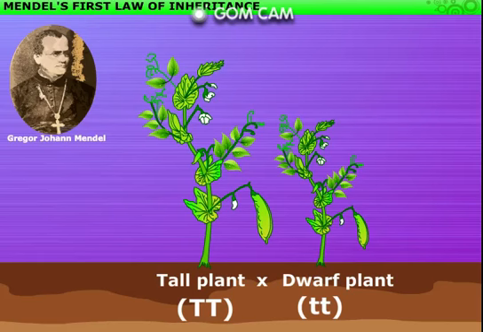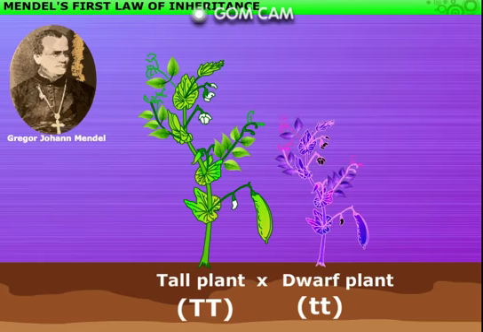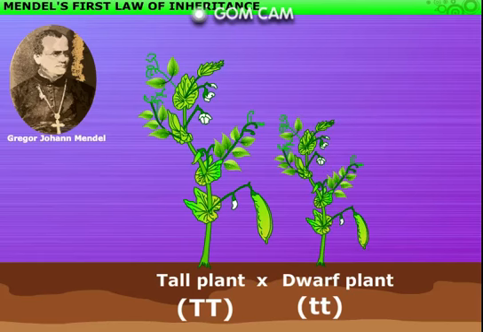In his first experiment, he crossed purebred tall pea plants with purebred dwarf pea plants. The dominant gene for tallness is represented by capital T, and the recessive gene is represented by small t.